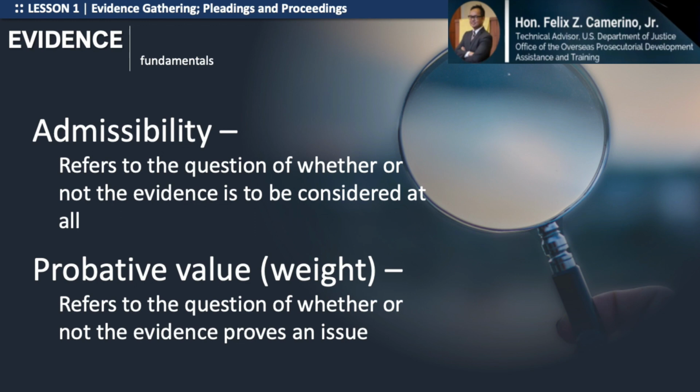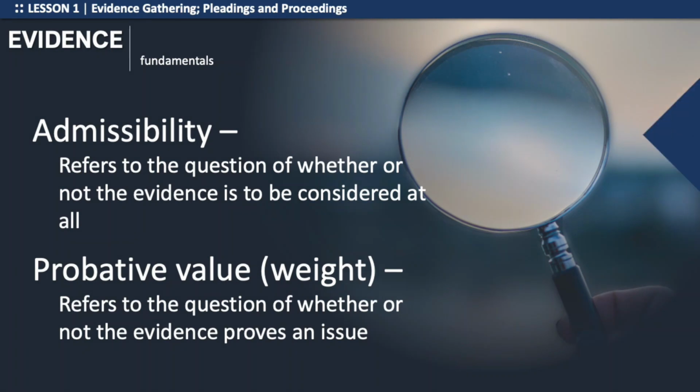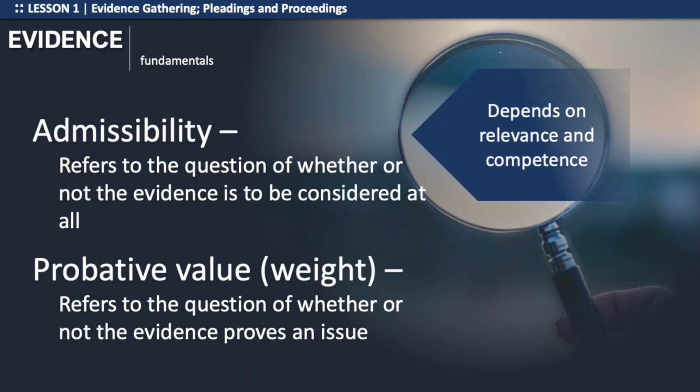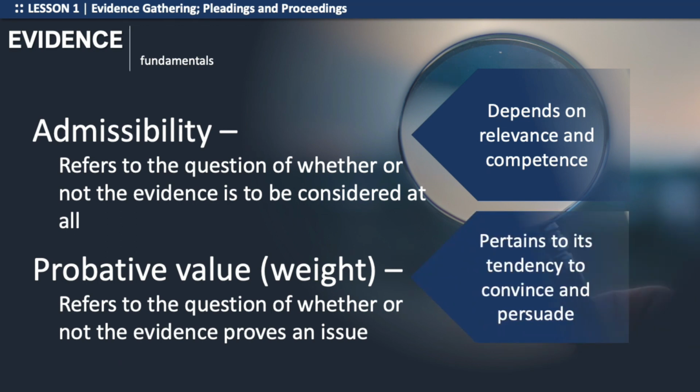Okay, so just to differentiate between admissibility and probative value, when we're talking about admissibility, we're saying that it's only admissible if it's relevant and competent, right? So it depends on relevance and competence of evidence. Probative value, on the other hand, talks about its tendency to convince and persuade. All right, so they're two different things, and thus are important considerations when you're building a case.